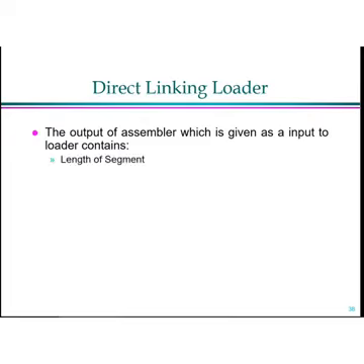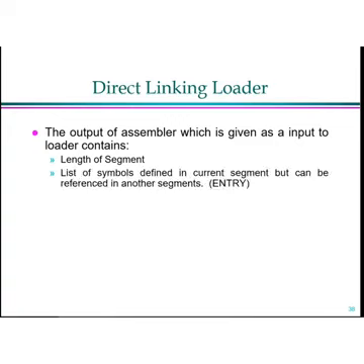The very first information required by this loader is the length of each segment. If you are using multiple segments in a program, the length of the segment is expected. Then the list of all the symbols which are defined in the current segment but utilized in some other segments. All such symbols come with the entry keyword. You are well aware of the entry and extern keywords now, from subroutine linkage.